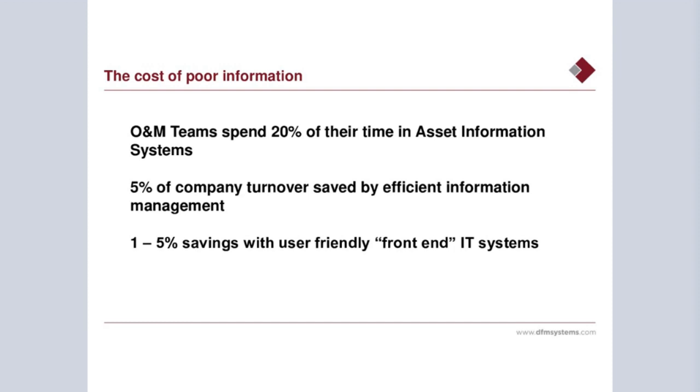It's been found that up to 5% of a company's turnover could be saved by efficient information management. And as importantly, an additional 1 to 5% savings can be made if that information is available in a user-friendly front end, so it's easy and intuitive to find information.